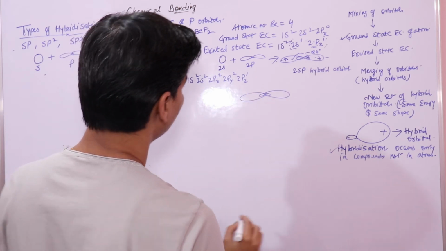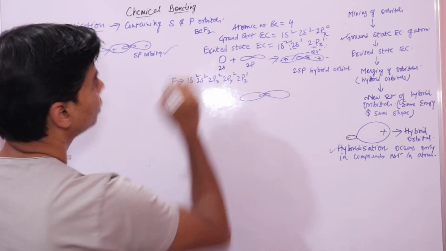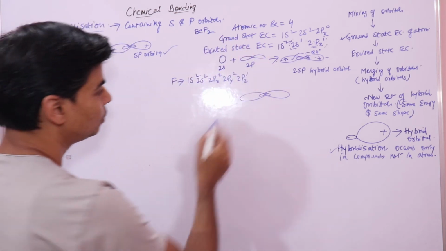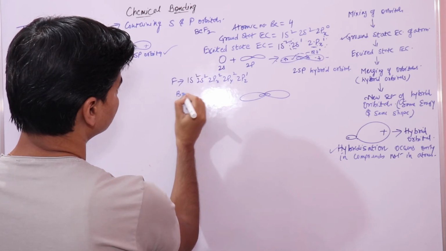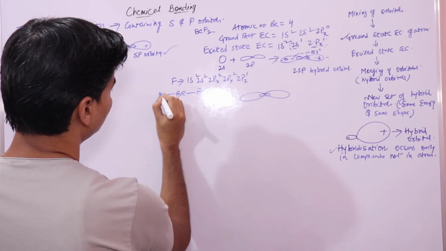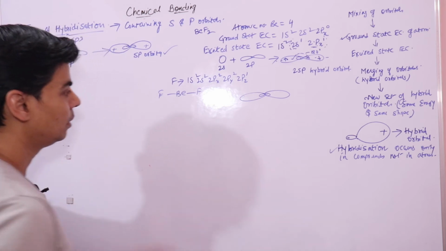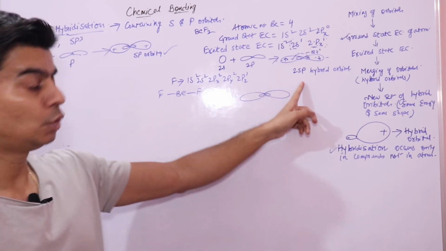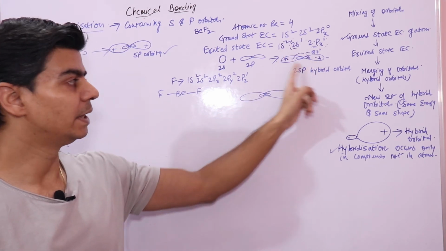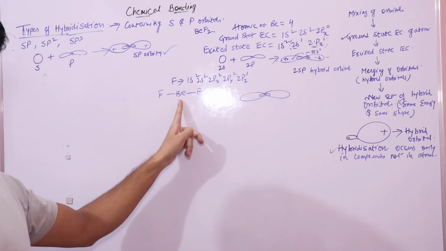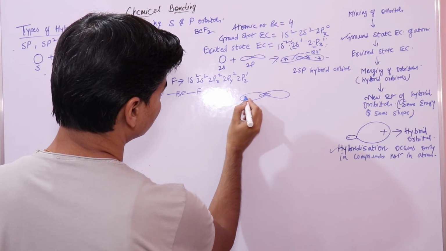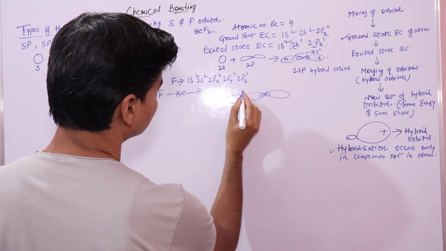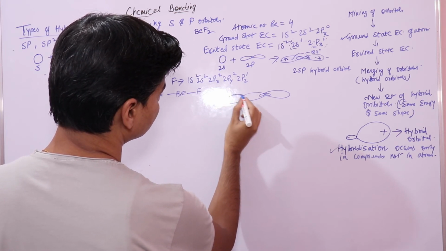right? So we have two fluorine atoms in BeF2. Two fluorine atoms will overlap with sp hybrid orbitals of beryllium. Beryllium has undergone sp hybridization, right? It's like this.